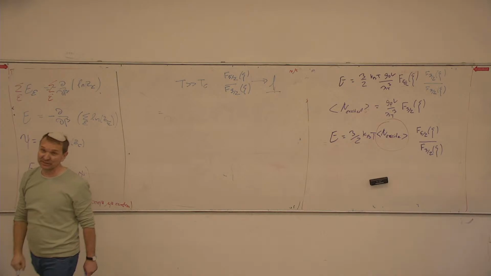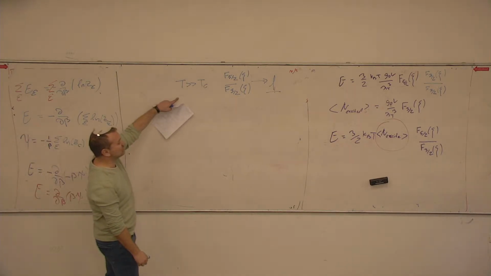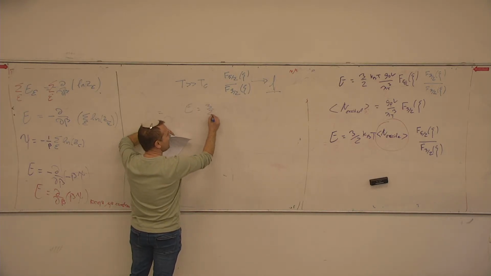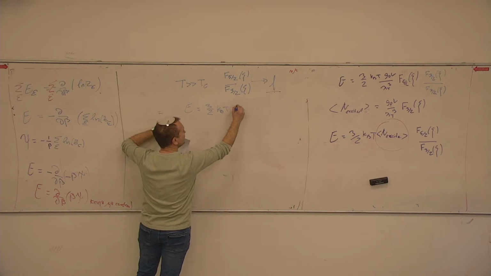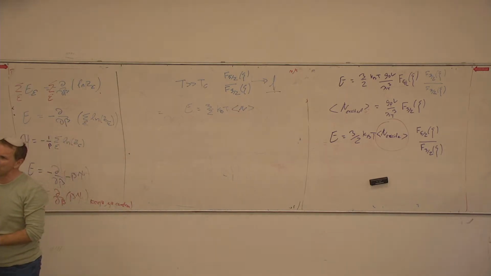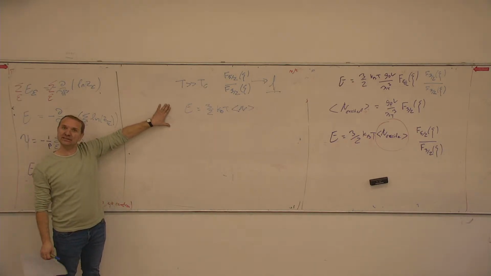This is the classical limit. It exactly happens over here. Okay? So for large temperatures, E equals 3/2 k_B T N excited, which equals exactly the average number of particles. So we obtain our classical limit as expected.